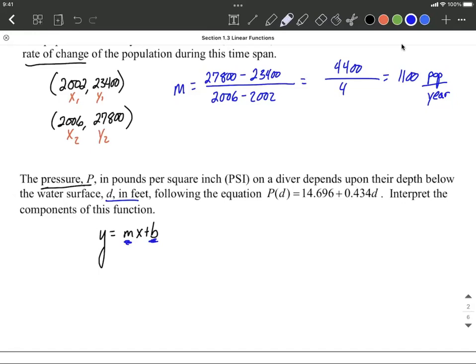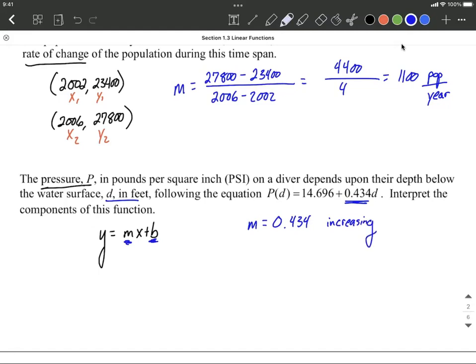So in our case, the number sitting next to the D, the 0.434, is going to correspond with the m in our formula. So m is going to be 0.434. That's positive, so it's increasing at a constant rate.